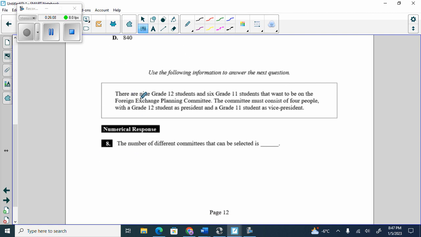So here there are 9 grade 12 students and 6 grade 11 students that want to be on the Foreign Exchange Planning Committee. So there are 9 grade 12 and there are 6 grade 11, which is 15 total.